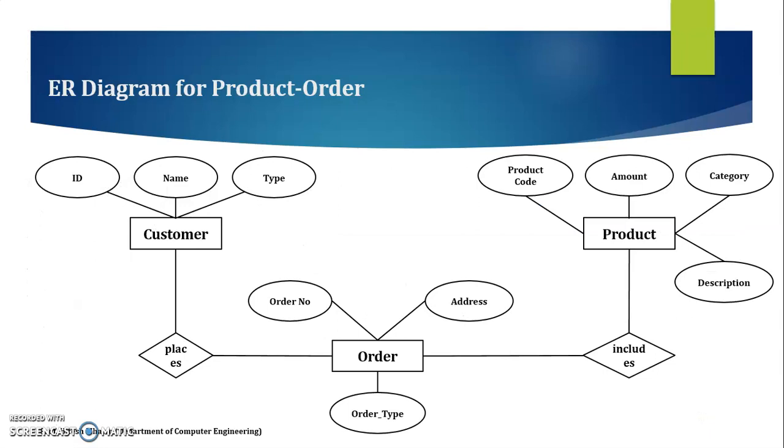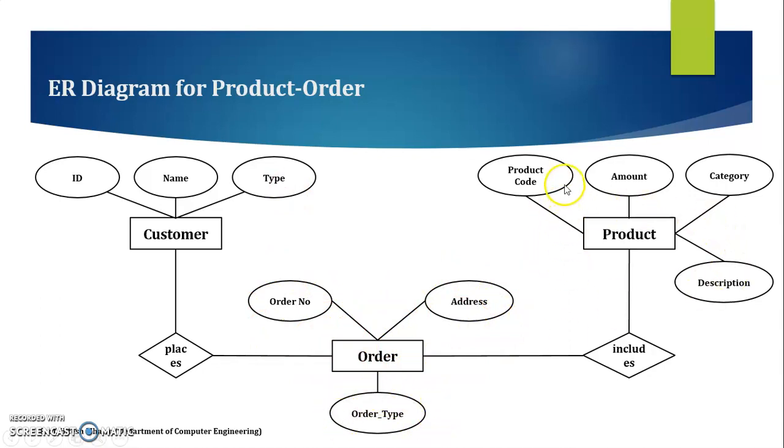Now considering the ER diagram for the product order. We have studied this ER diagram in a theoretical lesson also. So we have here 3 entities, that is customer, order, and product. To identify a customer, we have ID, name, and type of customer. For an order, we have order number, address of the order, and the order type.